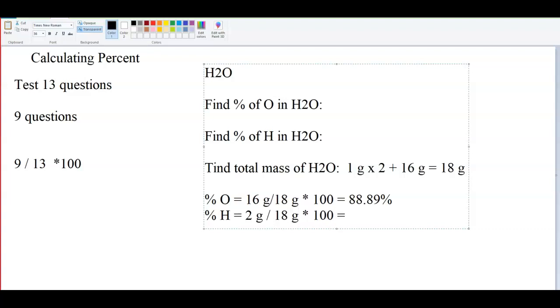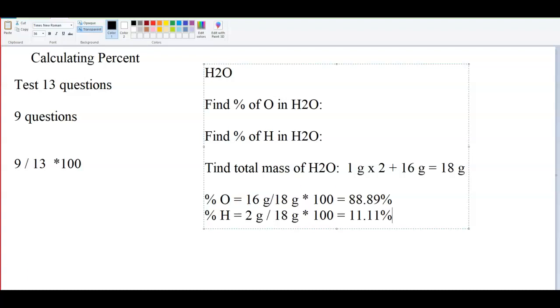That will give you the percent of hydrogen in H2O. So in this case, it's going to be 11.11%. So all of them have to add up to 100. If it doesn't add up to 100, that means we made mistakes somewhere.